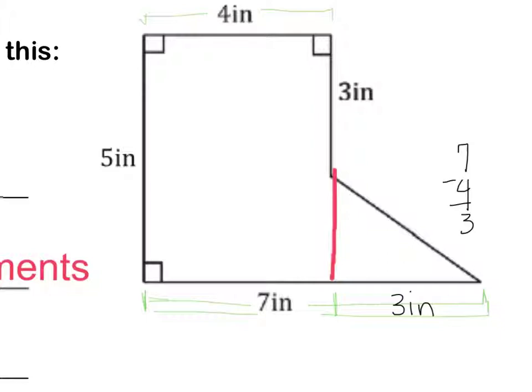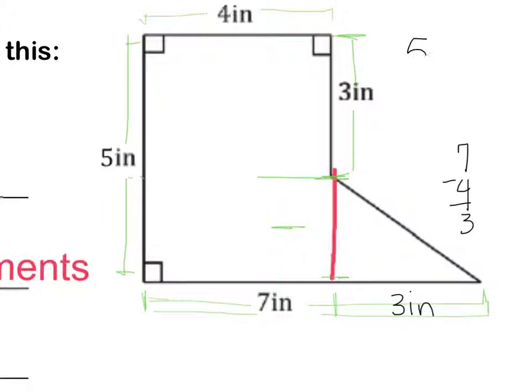So now let's look at this base here. This base runs from right there to right there. And so if I come across, we can see that this whole side is 5 inches. Well, this part right here is only 3 inches.